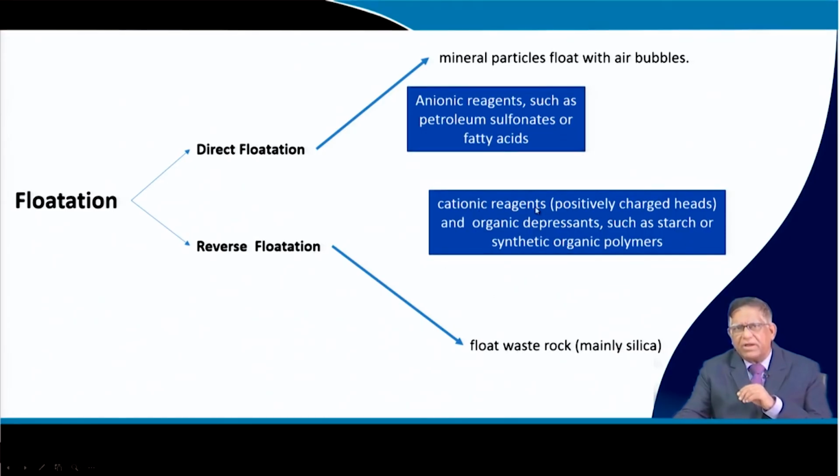If you are using cationic reagents, then organic depressants such as starches or synthetic organic polymers are used with this, and then the waste rock goes along with the float, and that is called reverse flotation.